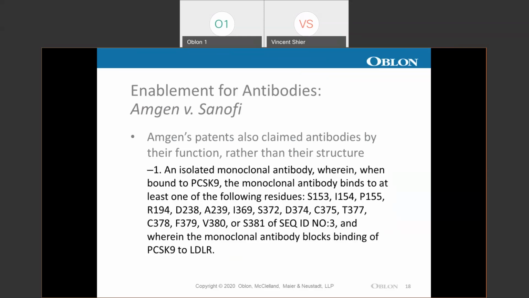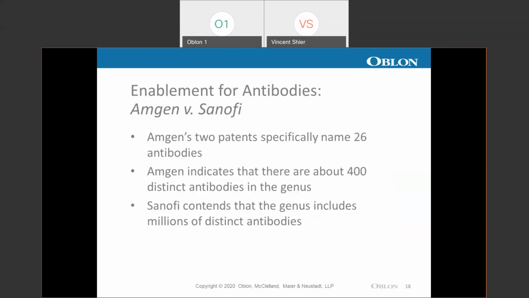In so doing, Judge Andrews held that it would take undue experimentation to practice the claimed invention because the patent claims a vast class of antibodies. Amgen has now appealed to the Federal Circuit, who will decide this case for the second time.